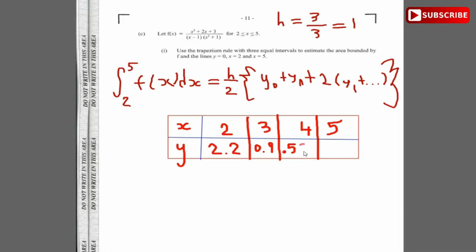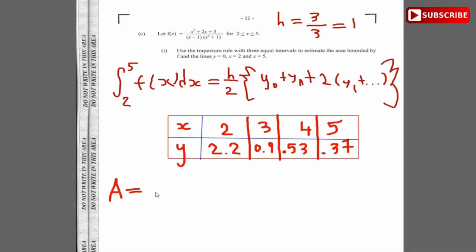Then I plug in 5, and I'm getting 5 squared plus 2 times 5 plus 3 is 38, divided by 4 times 26, and I get 0.365, so 0.37.